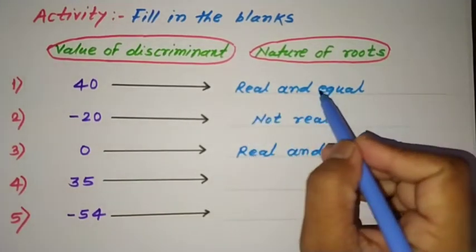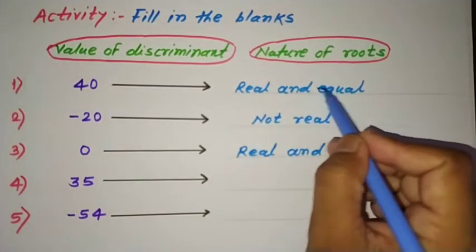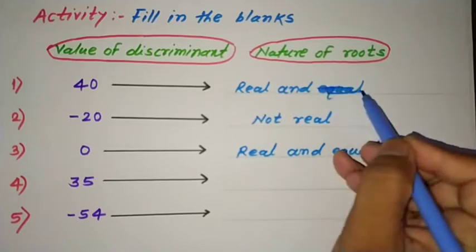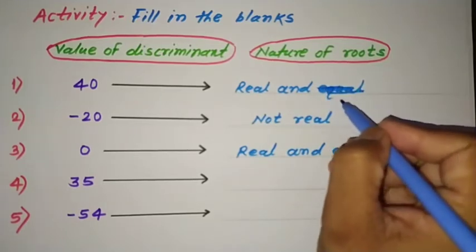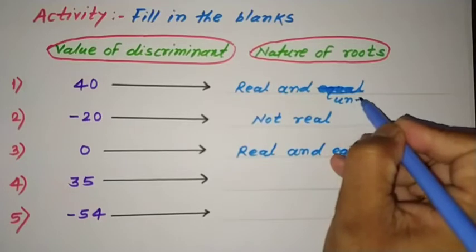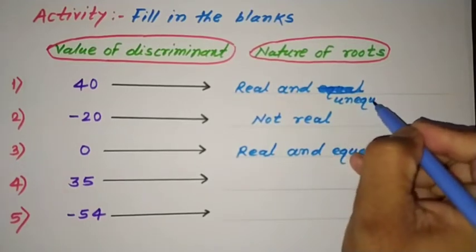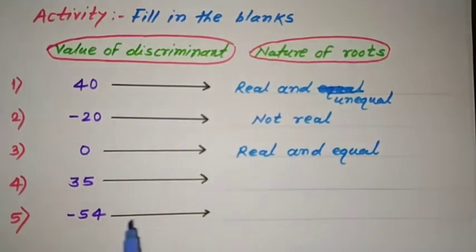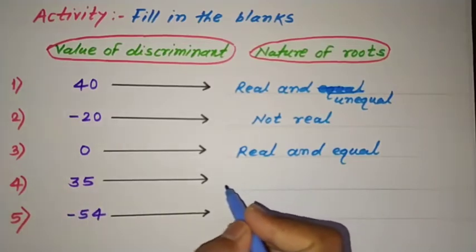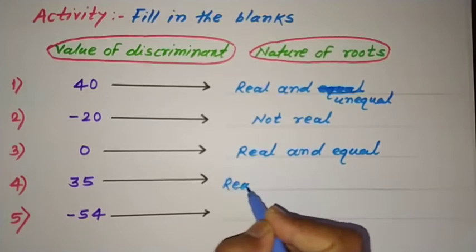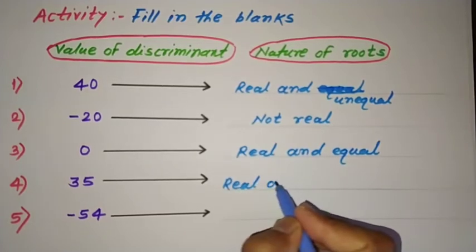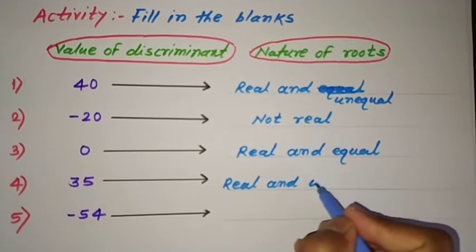Therefore, here roots are real and unequal. Fourth, value of discriminant is 35. The nature of roots: real and unequal.